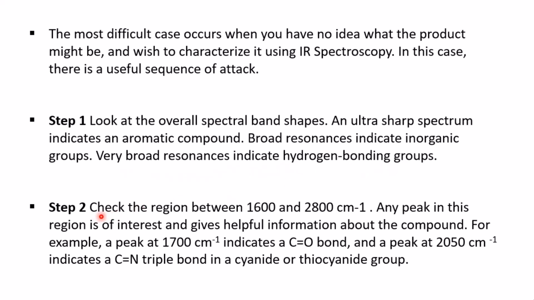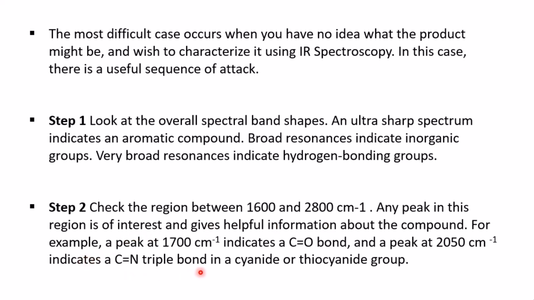So there are quite a number of things you need to take note of. The kind of peak you have in a particular region tells us the kind of functional groups that are present.